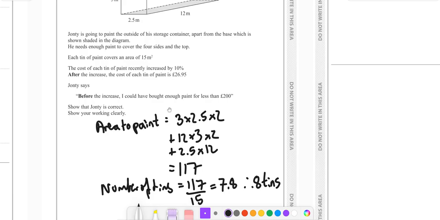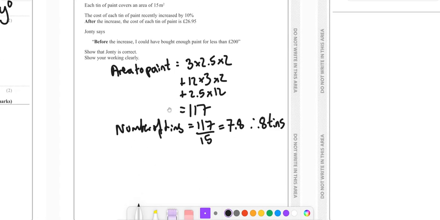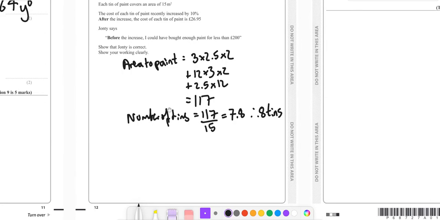And then we need to know the cost before the increase. So we know that after the increase, we know that 110% is £26.95. So can I do this in one go?